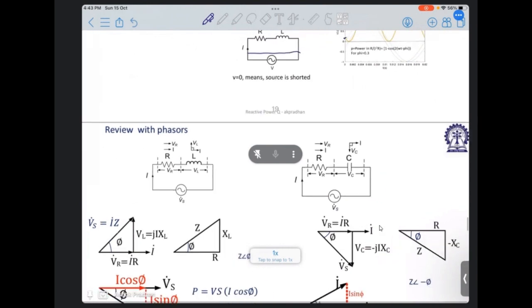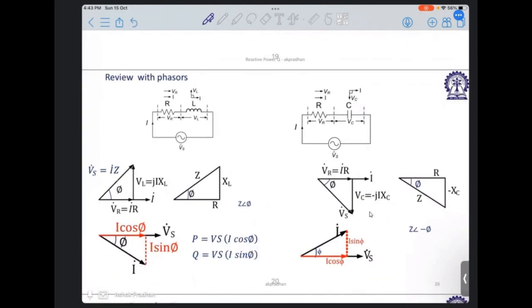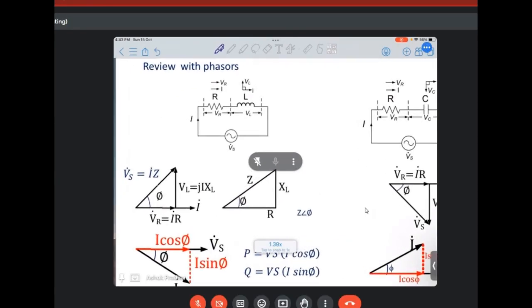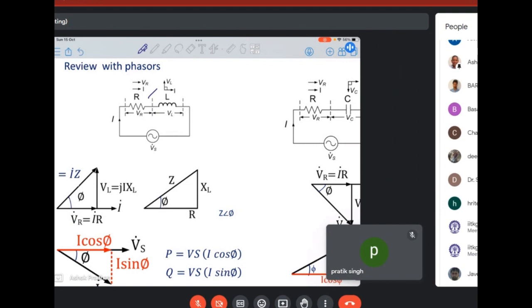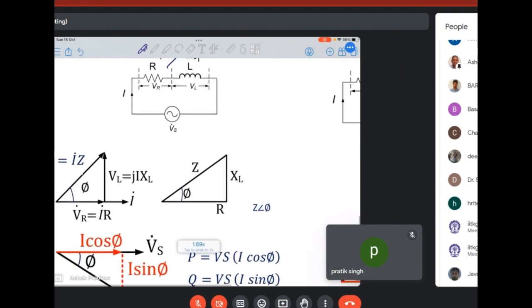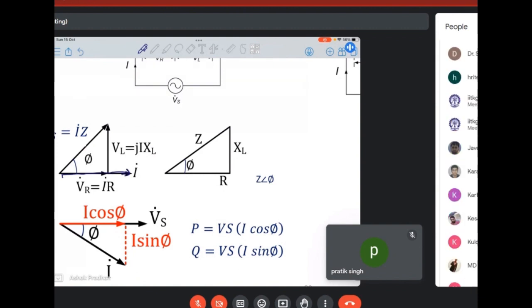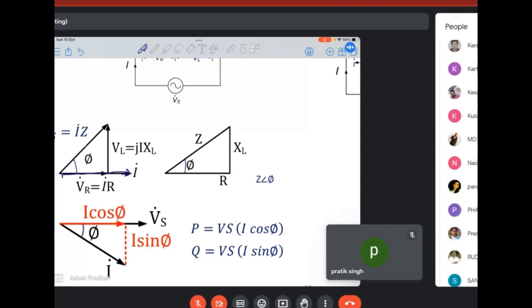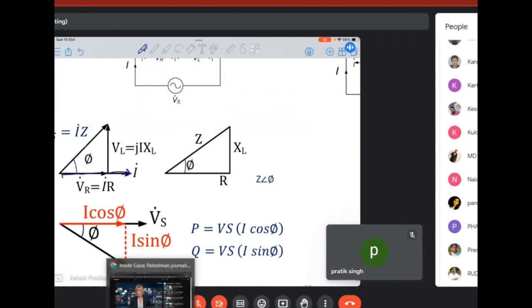Now, we'll just go back to these phasors because many students are perhaps here also. So let us say RL. For RL, if you see here, we draw the phasor diagram. We draw the phasor diagram: VR, I into R. This is I, the reference, I into R, VR equals IR. VL, j into IX, VL, because we know current lags by 90 degrees.